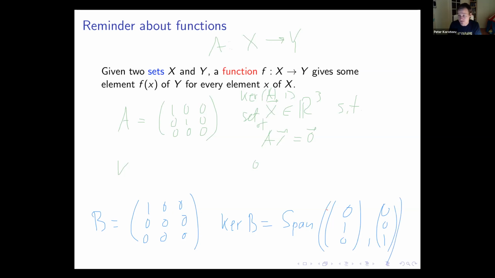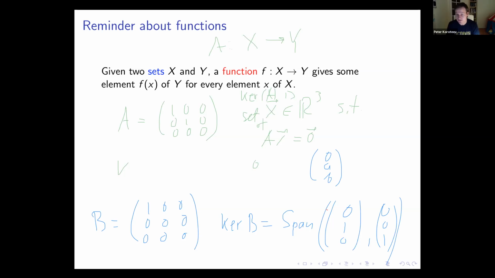You said 0, 1, 1, but that's only one of the examples. Indeed, vector 0, 1, 1 is in the kernel, but there are others. For example, a vector with components 0, A, B for every value of A and B.